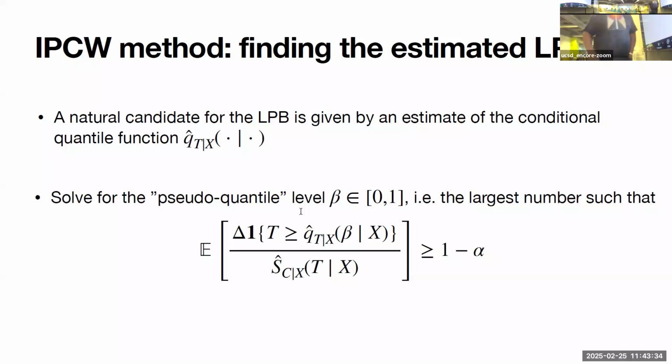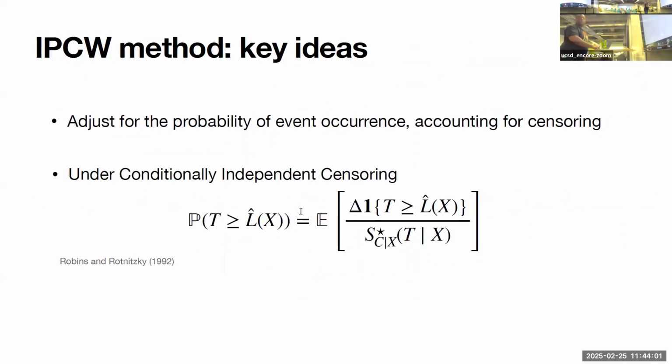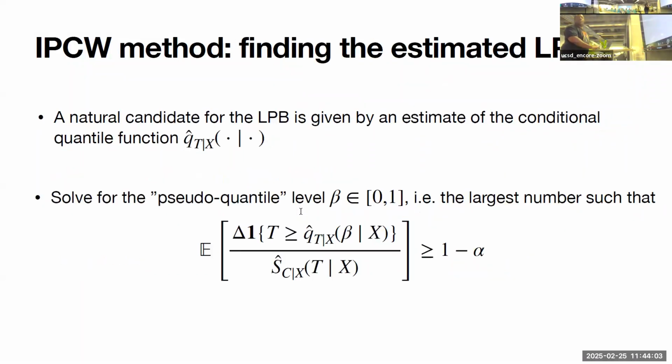So what we're going to do is rather than relying on Q hat T given X being a consistent estimate of the conditional quantile of T given X, we're going to find a quantile beta. This is a new parameter that we're going to introduce, such that when we estimate the probability that Q hat Tx is... do I have the indicators in the right direction?